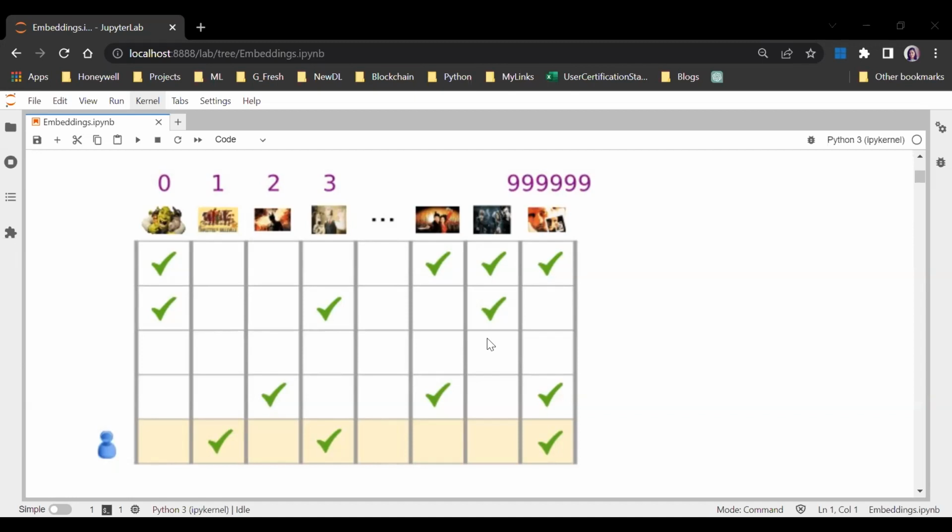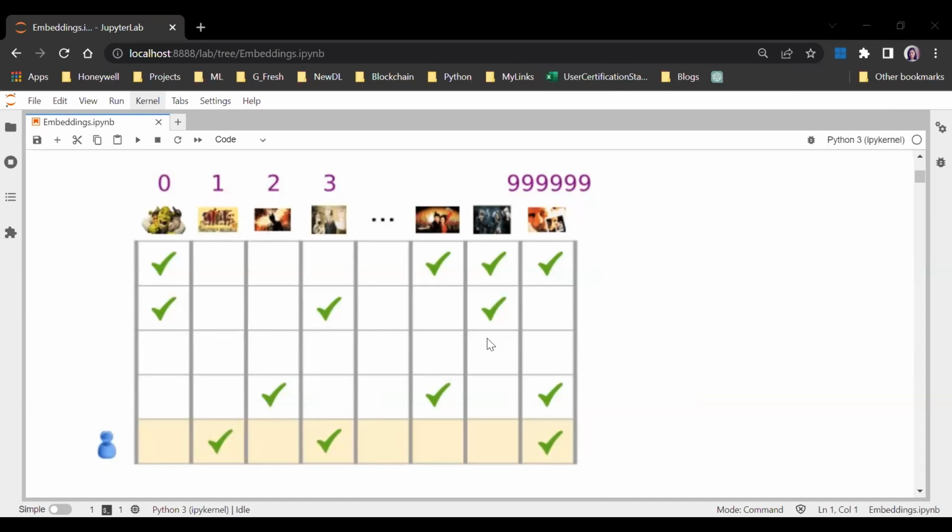For example, if we are building a movie recommendation model, we can assign a unique ID to each possible movie and then represent each user by a sparse vector of the movies they have watched. If we see the image on this screen, each row of the matrix is an example capturing a user's movie viewing history and is represented as a sparse vector, because each user only watches a small fraction of all possible movies available.